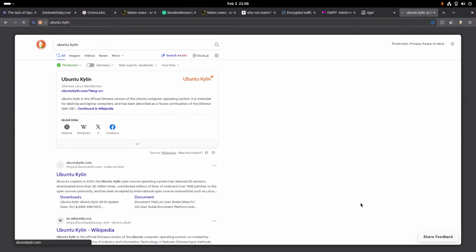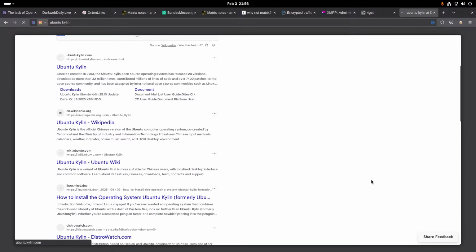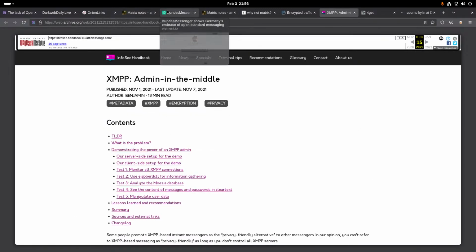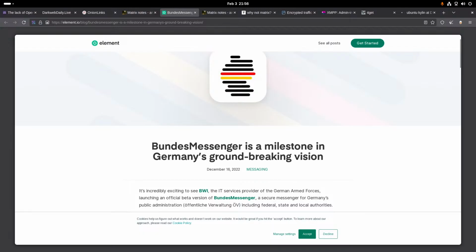Imagine closed sourcing Ubuntu. The official Chinese version. Described as a loose continuation of the Chinese Kylin OS. I should run this in a VM. I'll run this in a VM. I'll look at this later.